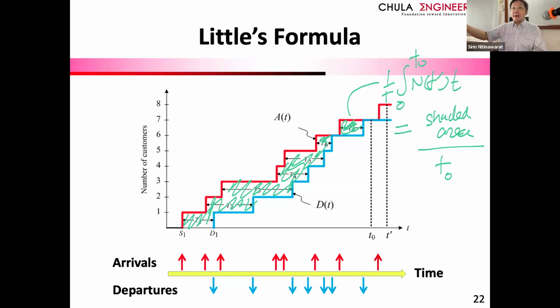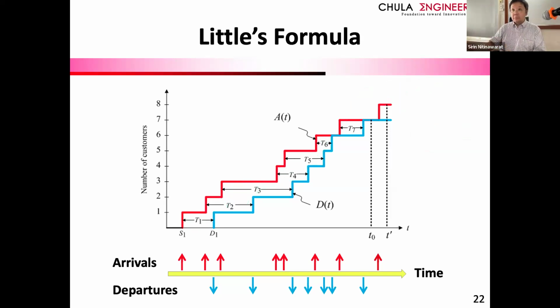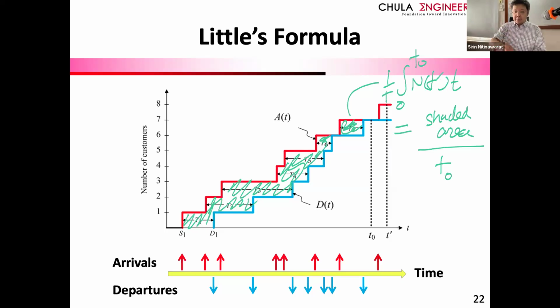So how can I do that? T0 is just a number, right? How can I relate the shaded area to the times different customers spend in the system?